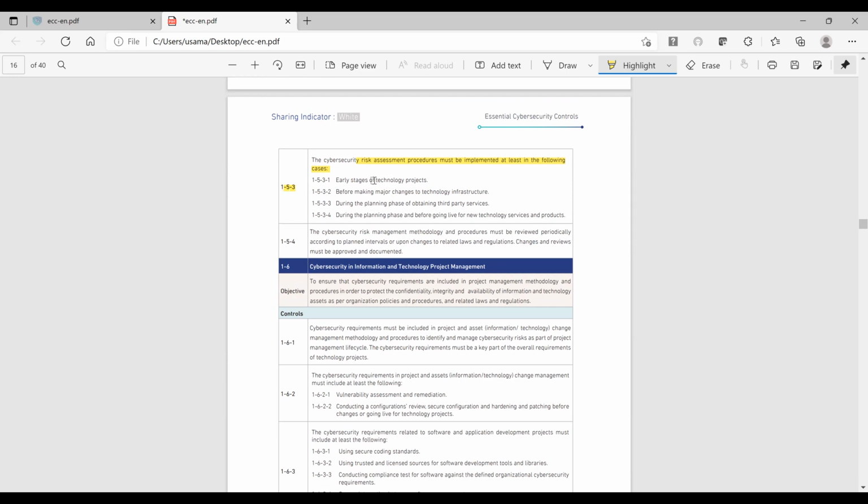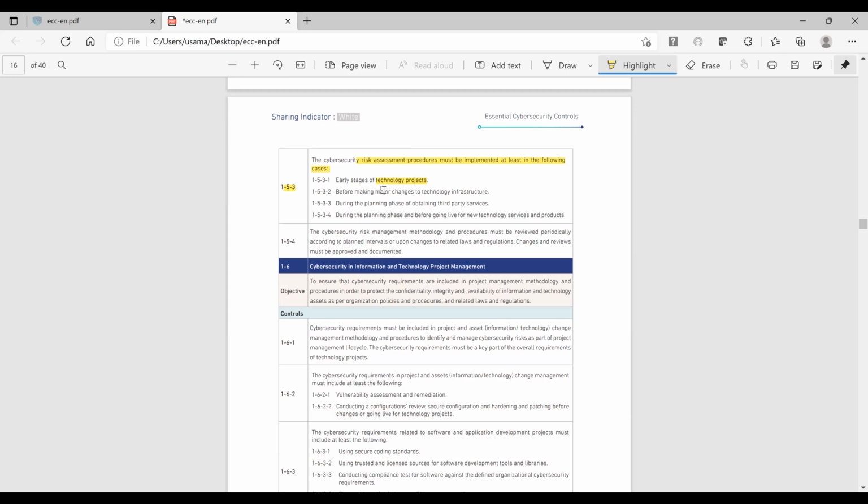Early stages in technology projects. You have any project for technology, you want to implement a new application, you want to implement a new manufacturing line, whatever the type of the project, risk management will help you to highlight all the risks, and this will be very great to minimize the risk level and choose the correct controls to minimize the risk.